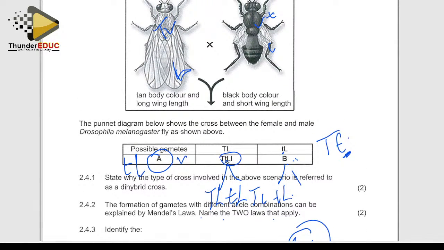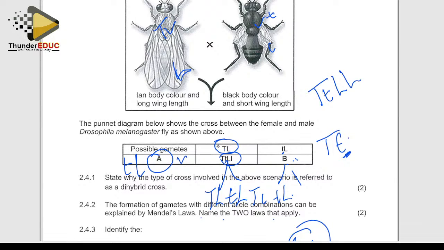Based on what we see here, these were heterozygous. This is heterozygous. Where it came from? Because these two combined, so it was like this: capital letter L, capital letter small t, capital letter L, and then capital letter L.